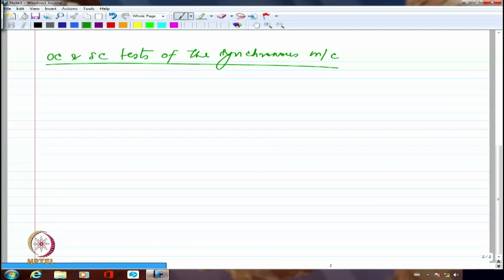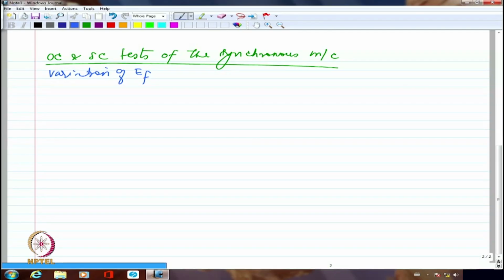The open circuit test, I think I have already told, I don't need to specify it once again, because what we get from here is the open circuit characteristics. So what we try to get is the variation of EF. I have just changed EG to EF because I am now calling it EF throughout.